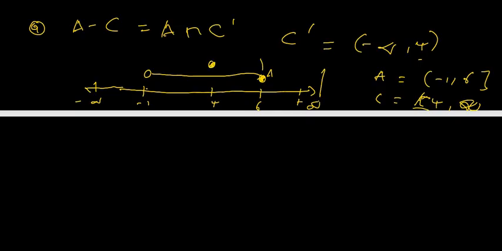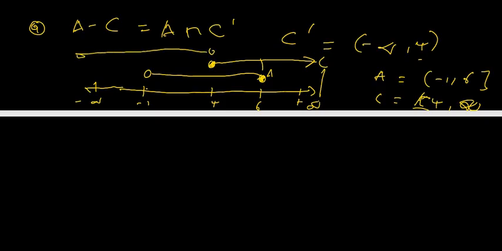Then we have been told to show A intersection C complement. Since this is our C, C complement will be from here up to this side.